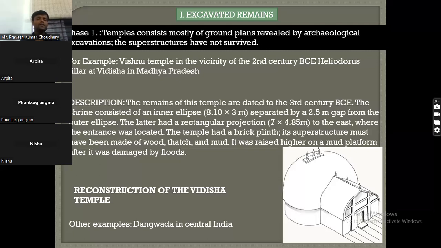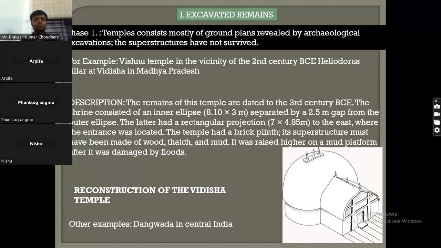And the description of this structure is there on the screen. You can see the remains of this temple are dated back to the 3rd century BCE. The shrine consisted of an inner ellipse, of size 8.10 by 3 meters, separated by a 2.5 meter gap from the outer ellipse. The latter had a rectangular projection, of size 7 by 4.85 meters, to the east of that platform, where the entrance was located.